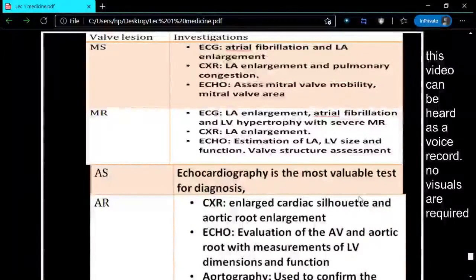CXR: enlargement, congestion. Echo. We see if it's healthy or not.